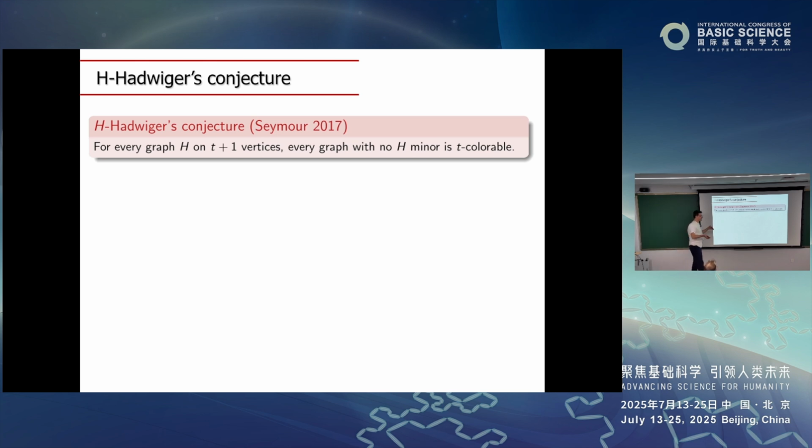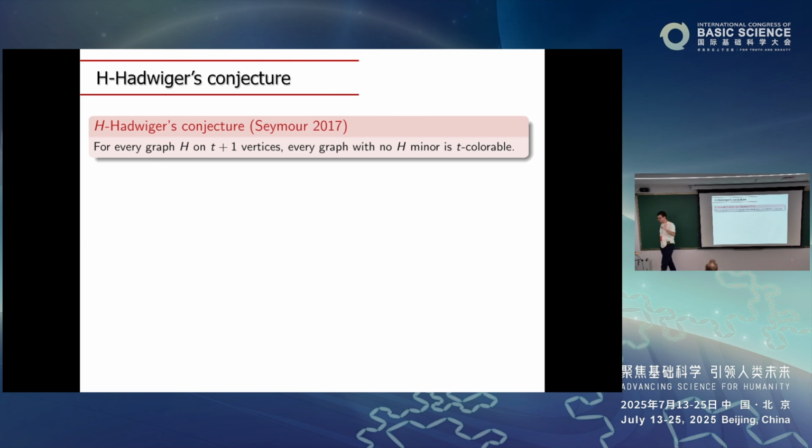Okay, but again, now let me move from the setting of when t is small to a more asymptotic setting where I'm thinking of t as large. And there is this meta-conjecture of Seymour. I don't know if I should call it a conjecture. For each graph H, it represents a conjecture.